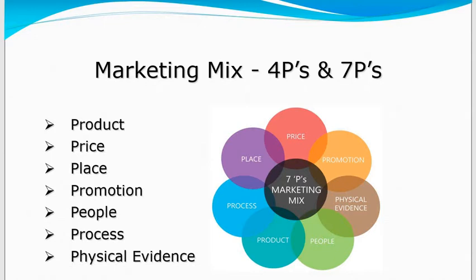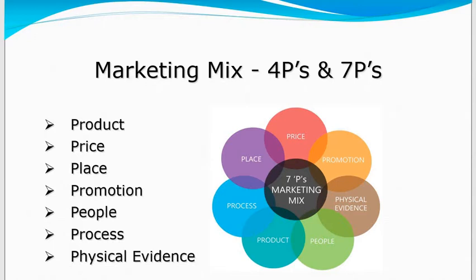These are the core elements of marketing and they are so-called marketing mix. So why are they also called 4 P's? That's because there are four elements and each of them starts with the letter P. So the 4 P's of marketing mix are product, price, place, and promotion.